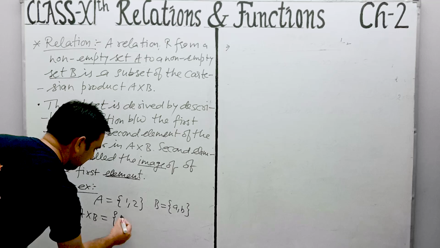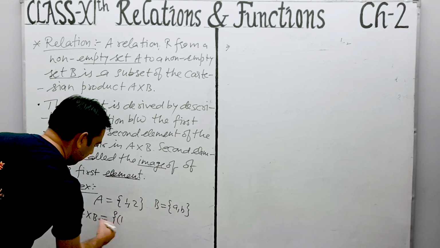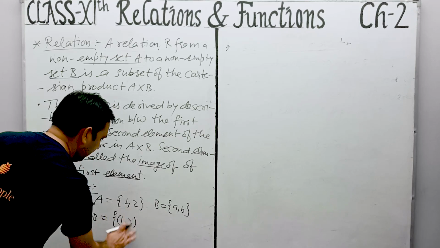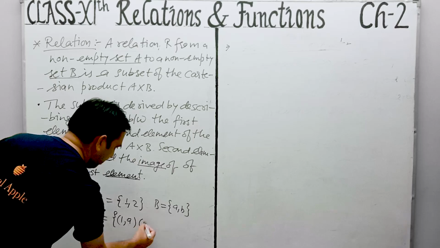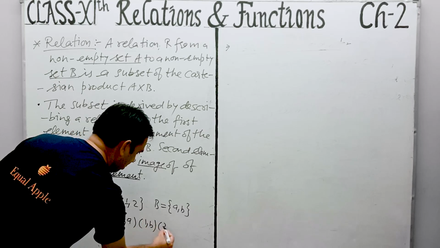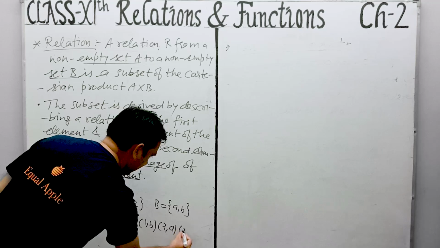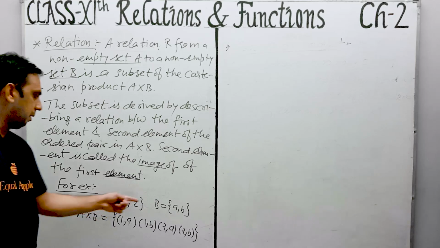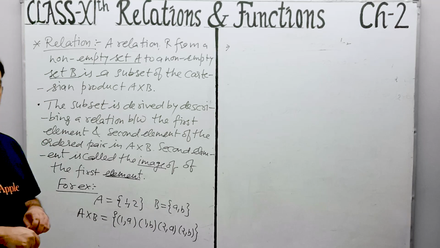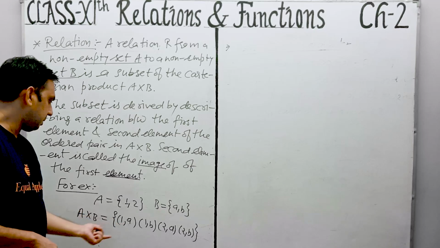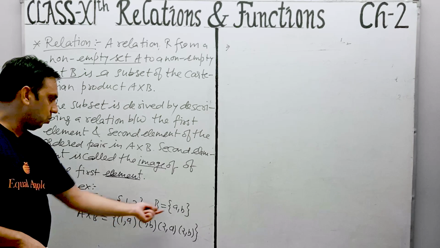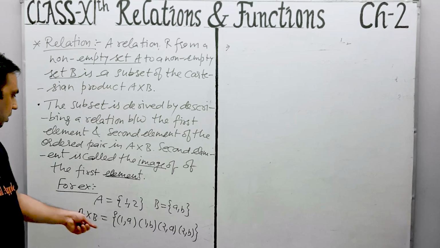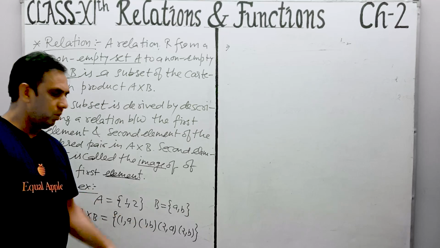If we multiply A by B, we form the ordered pairs 1, a; 1, b; 2, a; and 2, b. These are all the possible relationships between the elements of A and the elements of B. The number of elements in A is 2 and in B is also 2, so the number of elements in A cross B is 2 times 2, which is 4.